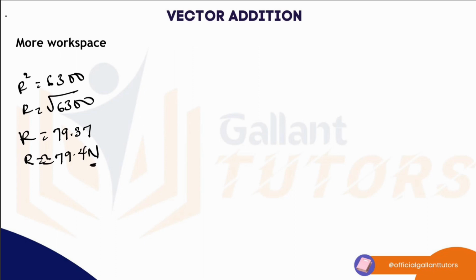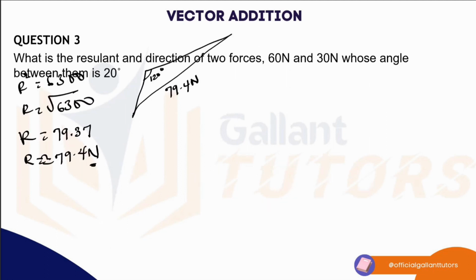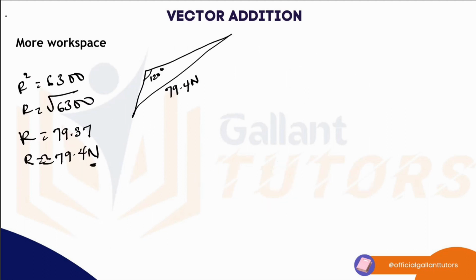Right, so after that, we've gotten the resultant. Let's find the direction since we were asked to get the resultant too. Alright, so it's very simple. So 60 and 30. 60 Newton, 30 Newton.